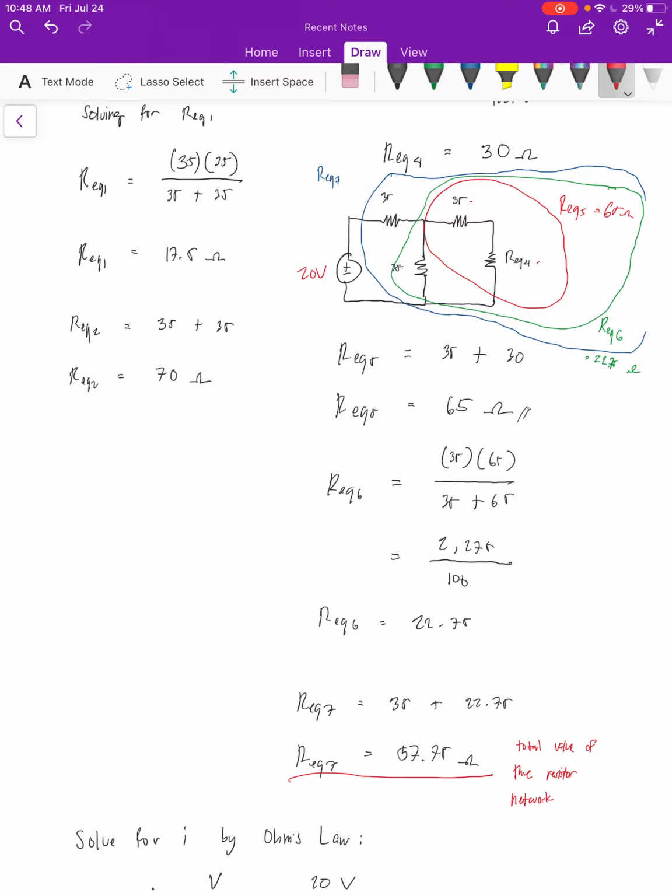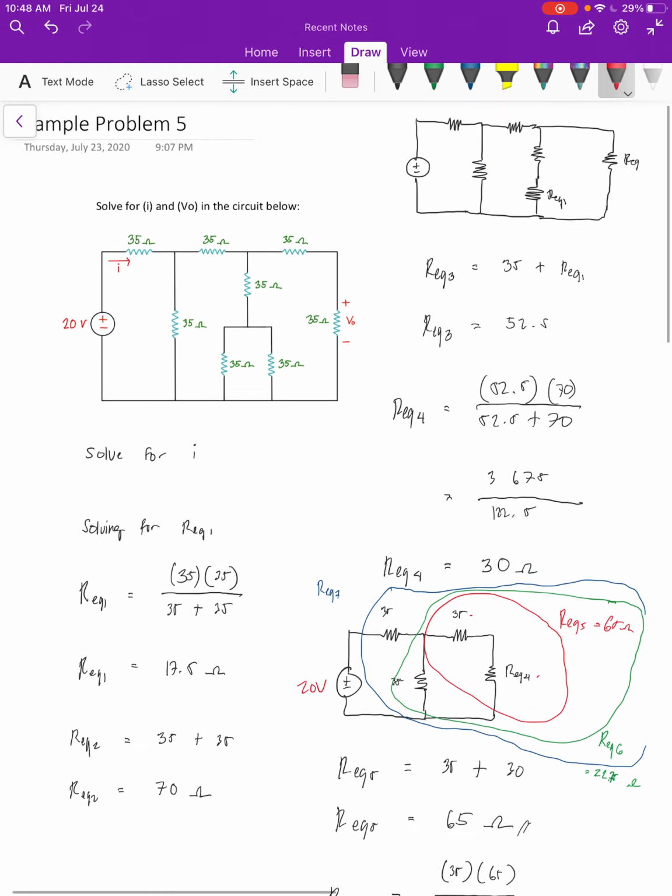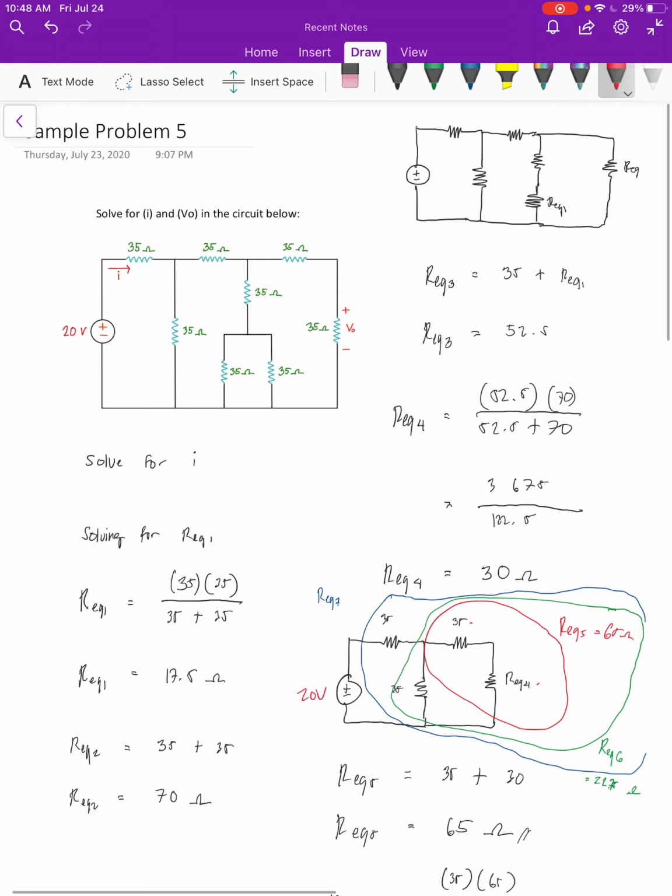We have learned that in series circuits, the current is the same throughout, so we don't need to do a current division for that. We will go straight to REQ4 instead and look for its equivalent resistor network.